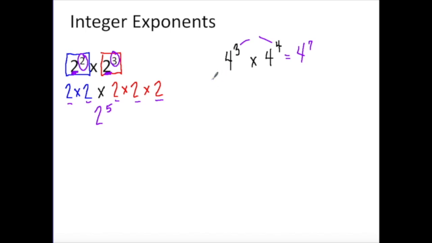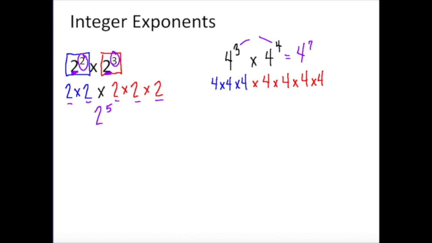So 4 to the third power is the same thing as 4 times 4 times 4. And 4 to the fourth power is the same thing as 4 times 4 times 4 times 4. Well, let's go back and count them. 1, 2, 3, 4, 5, 6, 7. That is 4 to the 7th power.